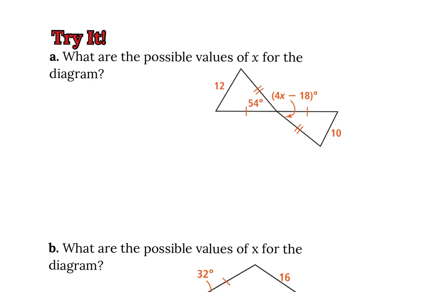All right, what are the possible values of x for the diagram? Okay, so for this one, they only gave us 2 in this set, but we know that our angle can't be less than 0 for our second choice. So our smallest has to be greater than 0. We've got our 4x minus 18, which has to be less than the 54.